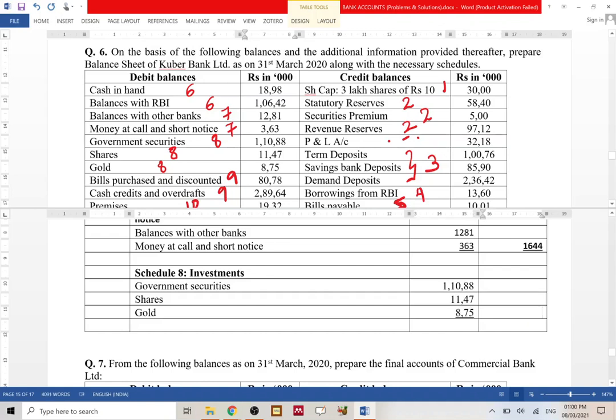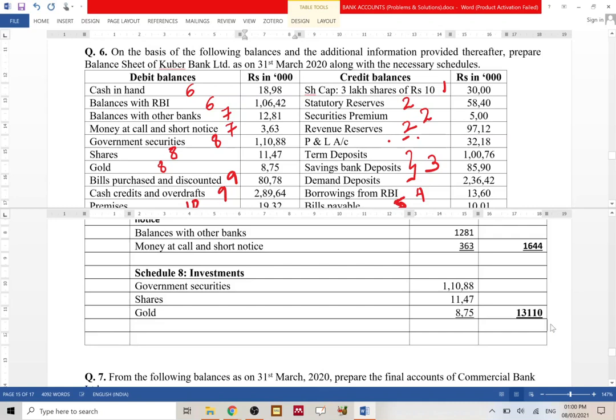So the total of this outer column is 13110. Okay, 13110 final total. Then let's also calculate the rest of the notes to the balance sheet.